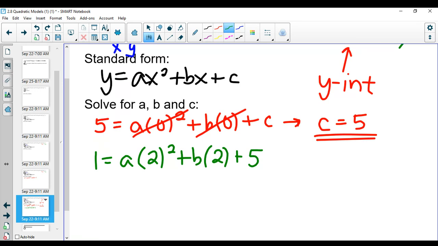And now what I'm going to do is clean this up a little. So I have a times 2 squared. 2 squared is 4. So that would be a times 4, or 4a. And then b times 2 is 2b. The last thing I'm going to do to this equation is move the 5 to the other side. You will see why I do this a little later.